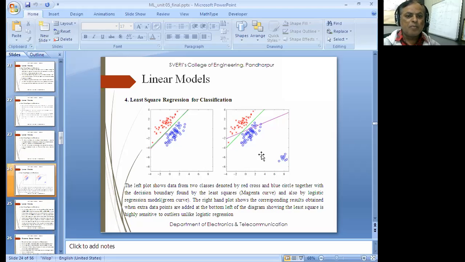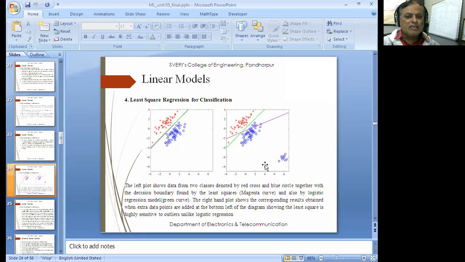Now on the right hand side plot, you can see the results obtained when extra data points are added. So we are adding some extra data points; you can see some more points been added here also. When added at the bottom left of the diagram, the least square is highly sensitive to these outliers.